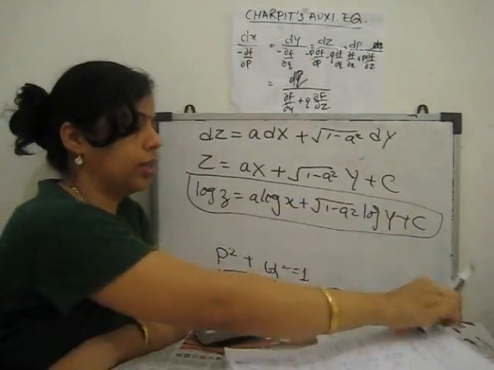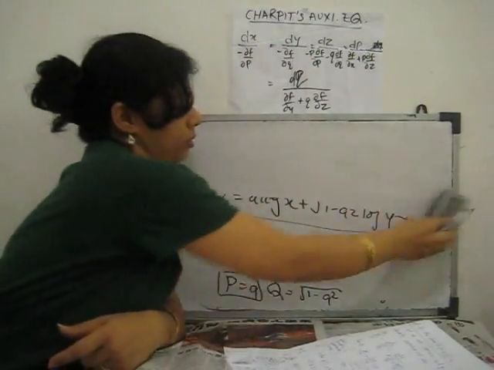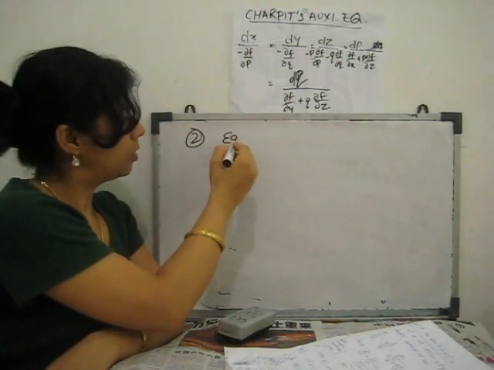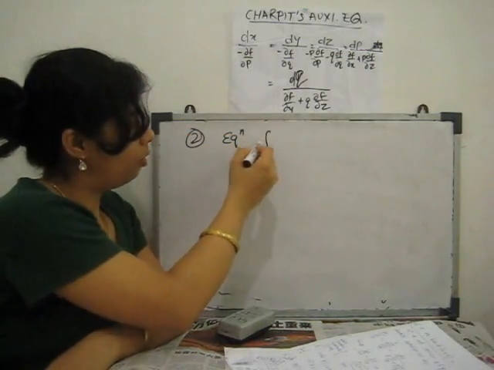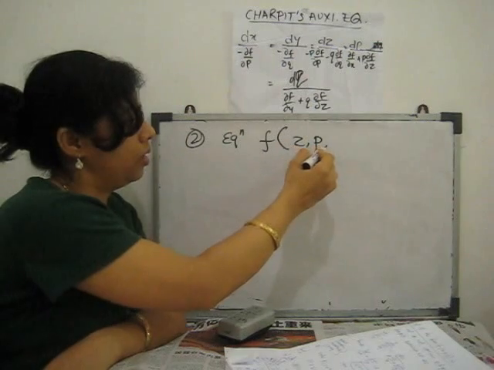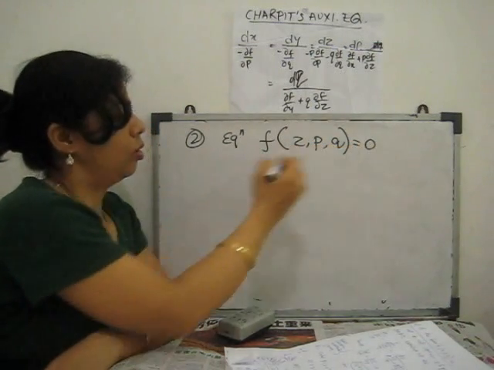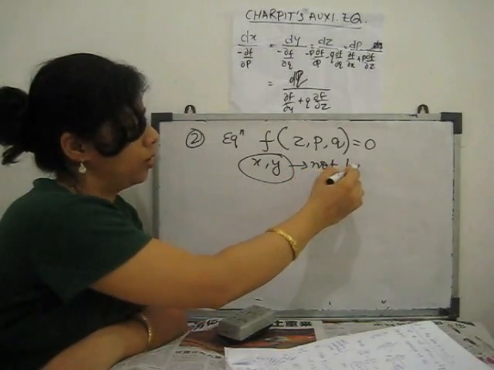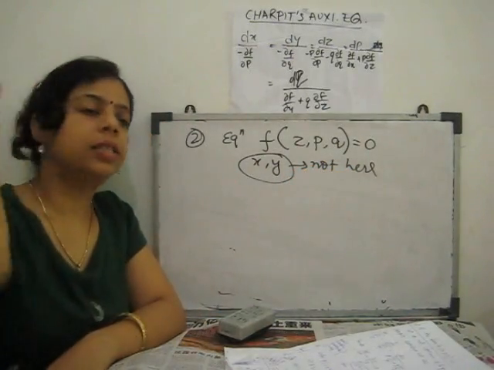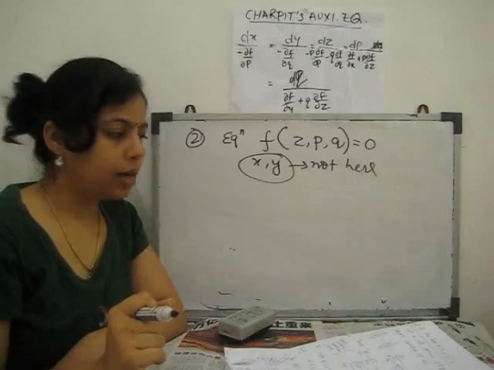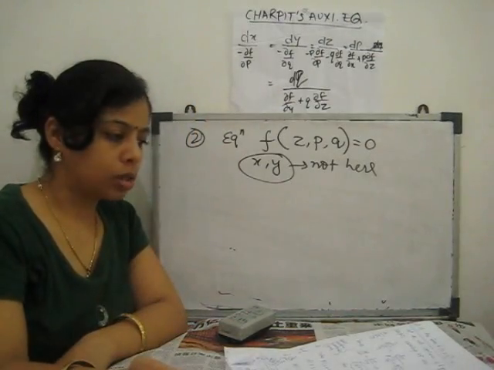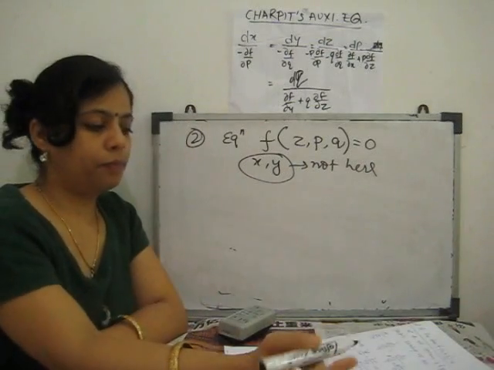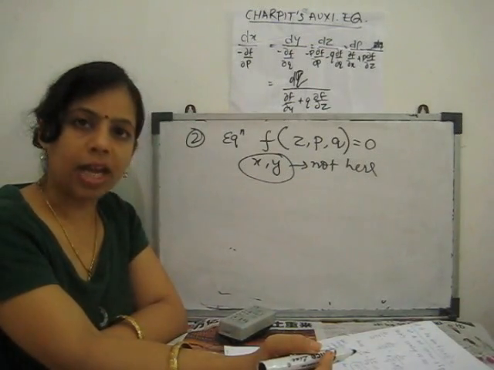Next I show you the second standard form. If the equation is in the form of f of z, p and q equal to 0, where x, y is not present, then when we use the Charpit's auxiliary equation, we can say here del f upon del x and del f upon del y is 0.